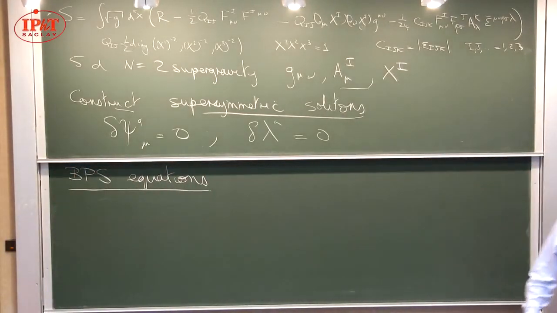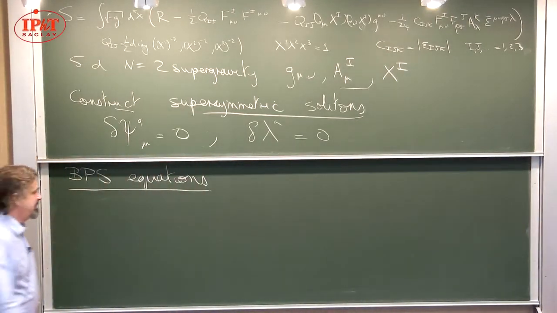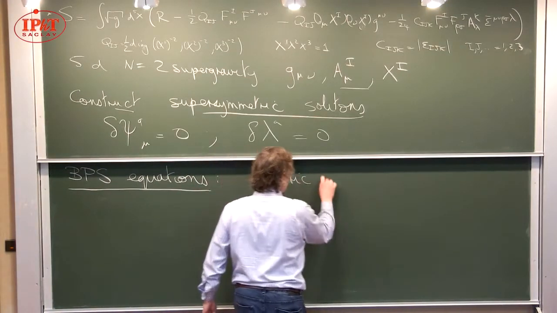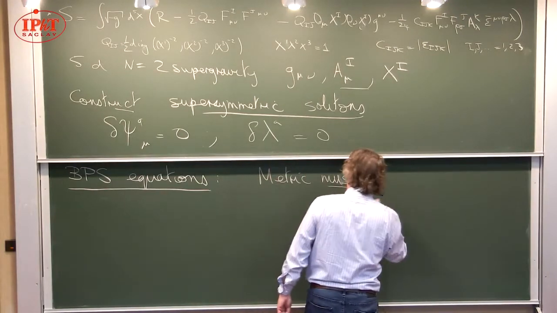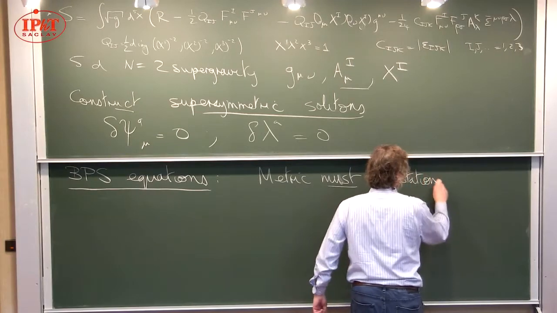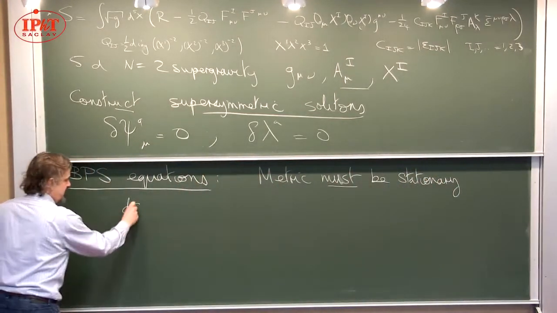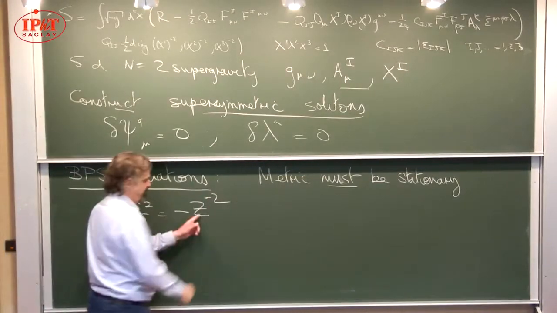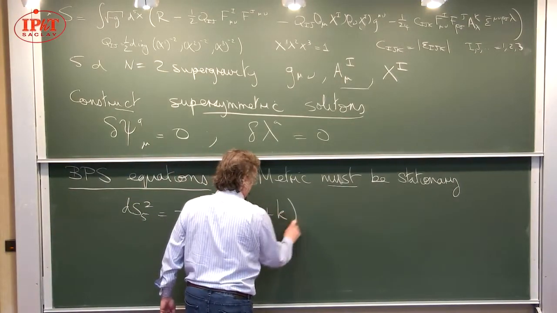To get to the BPS equations of this system, first of all, the metric must be time independent. In fact, the metric must be stationary, because if it's BPS, there must be a time-like Killing vector. So you can write the metric in the most general stationary form. There's some function Z that multiplies the dt squared. There is some one-form field.